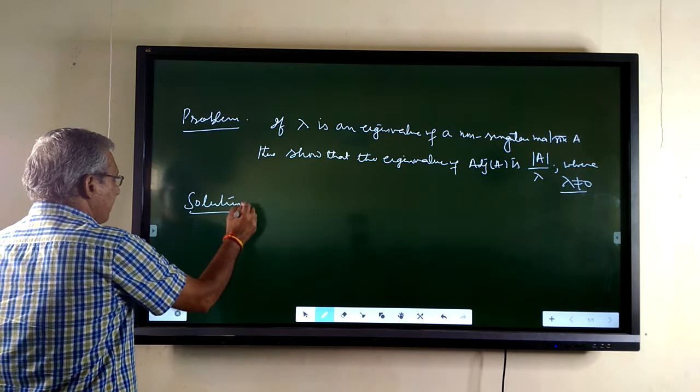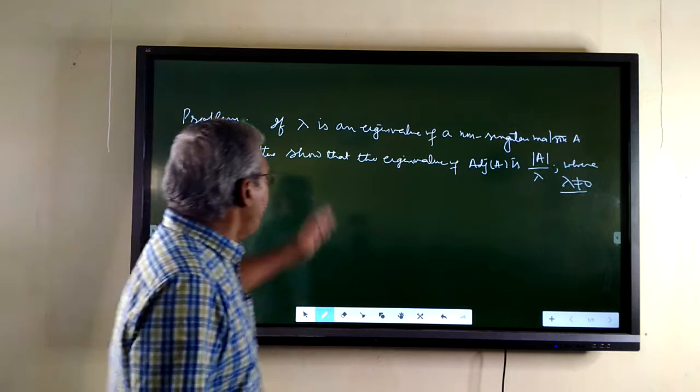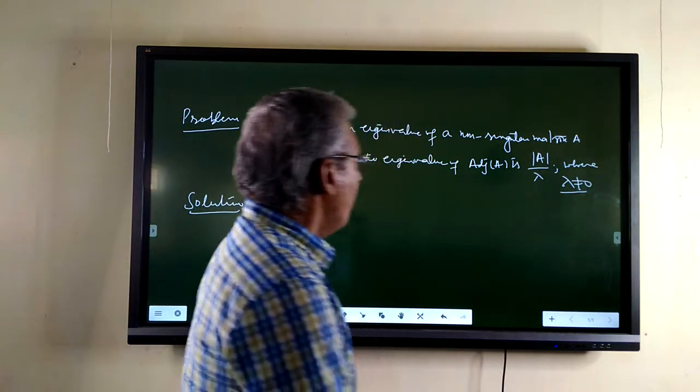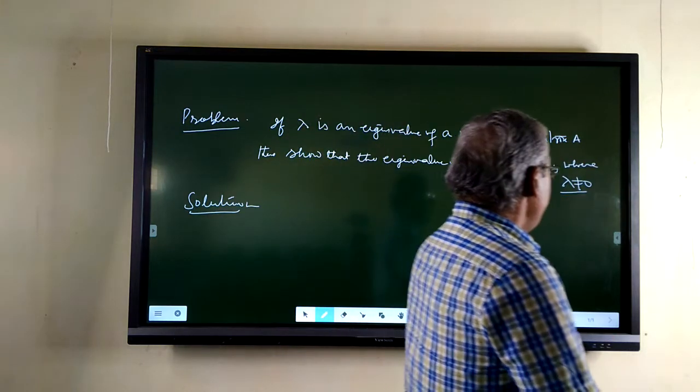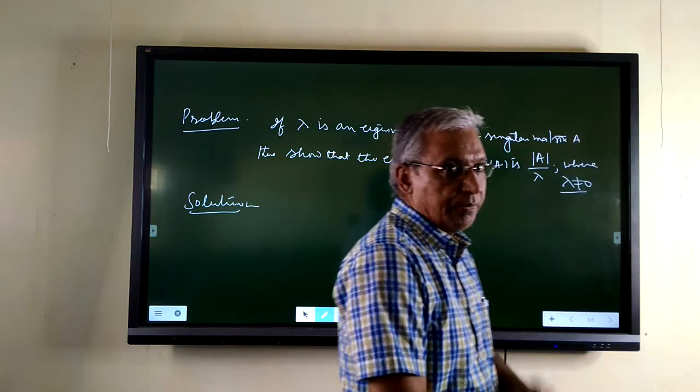Its solution is given here. Lambda is an eigenvalue of a non-singular matrix A, then show that the eigenvalue of the adjoint of A is determinant of A upon lambda.